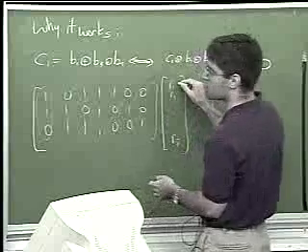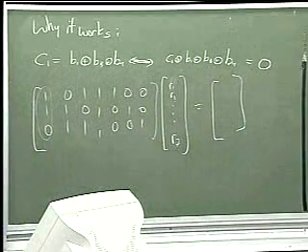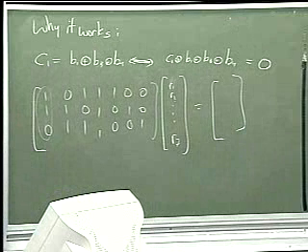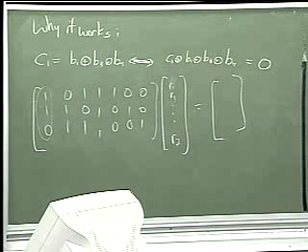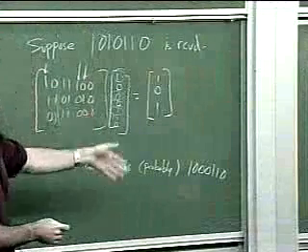Okay, so when this is 1, 0, 0, 0, 1, 1, 0, what that's saying is I choose this column and I choose this column, right? I match up the ones. I'm XORing this column with this column with this column. Before, we did the computation row by row. Now we do it column by column.